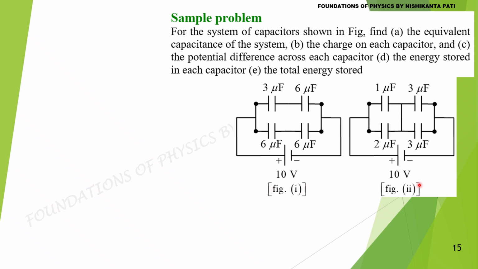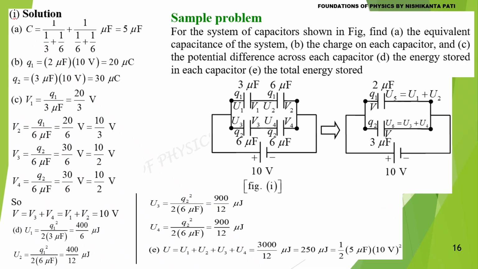In figure 1 and figure 2, 4 capacitors are connected across the supply voltage of 10 volt. This capacitor and this are in series, that is equivalent to a single capacitor. These two are in series, that is equivalent to a single capacitor.